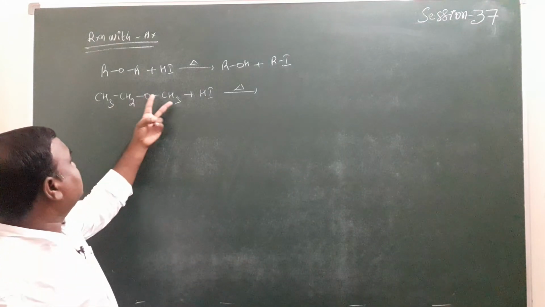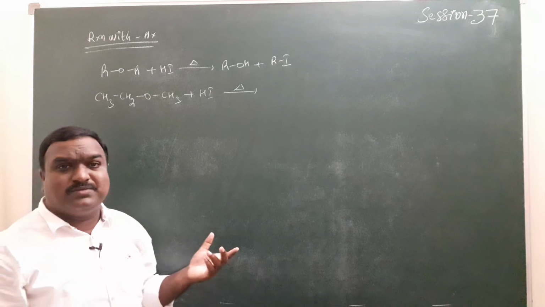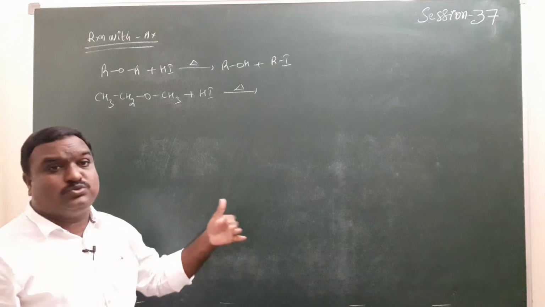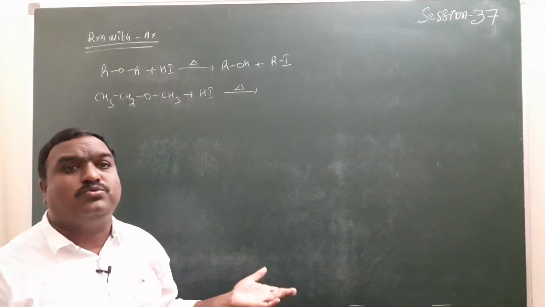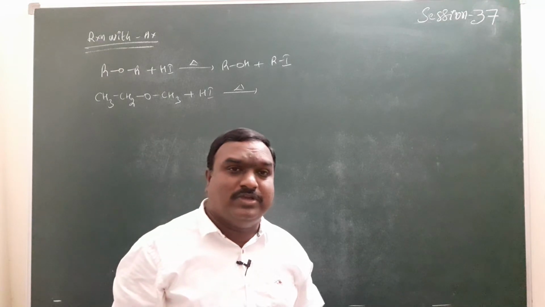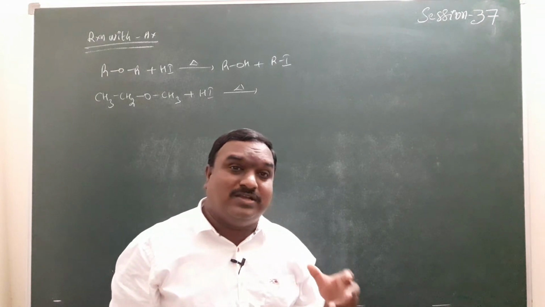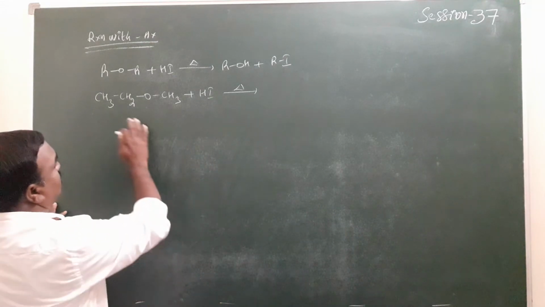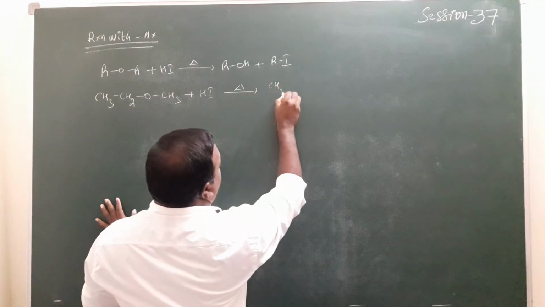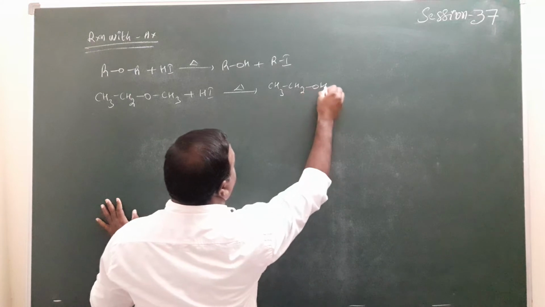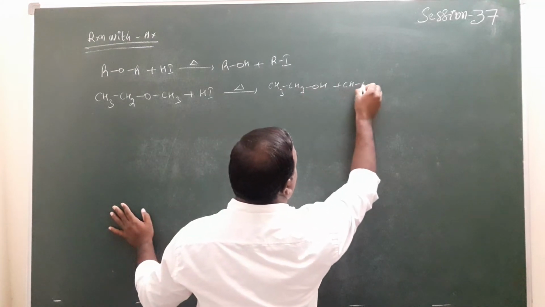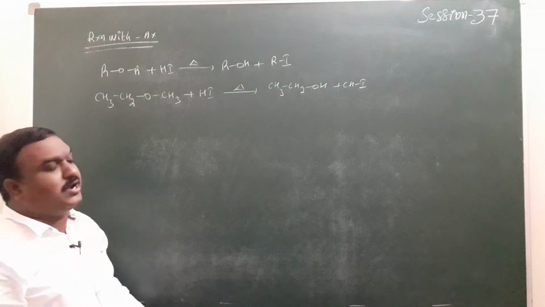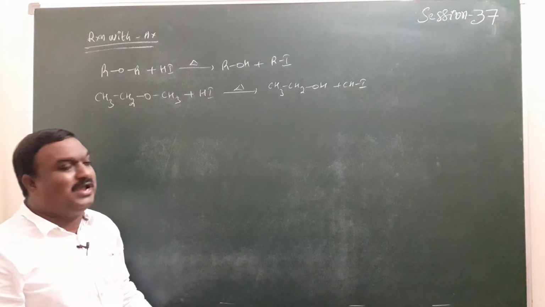But wherever an unsymmetric ether is given, meaning both alkyl groups are different, we have to decide which one converts into alcohol and which one into iodide, based on the given ether connectivity. You remember always: here CH3CH2OH plus methyl iodide is formed. Always the smaller alkyl group converts into iodide, the alkyl halide compound.